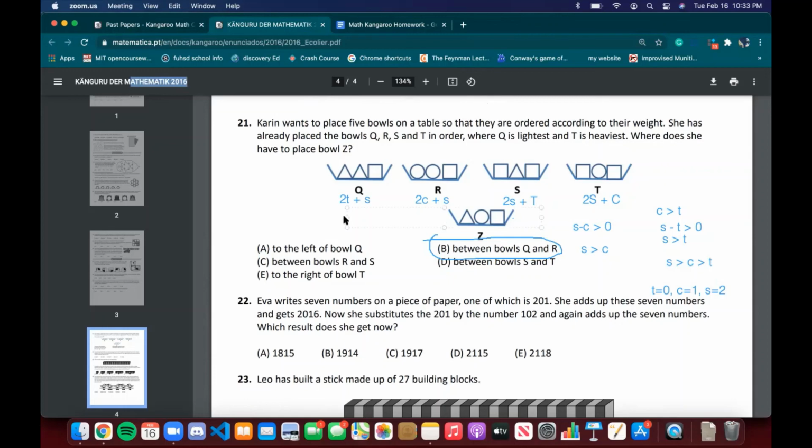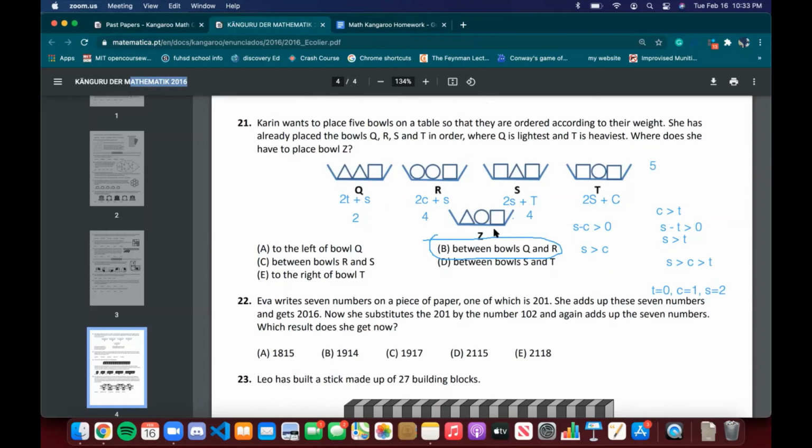Q is 2T plus S, which is 2. R is 2C plus S, which is 4. S is 2S plus T, which is 4, and T is 2S plus C, which is 5.